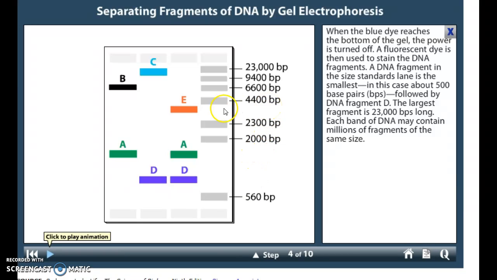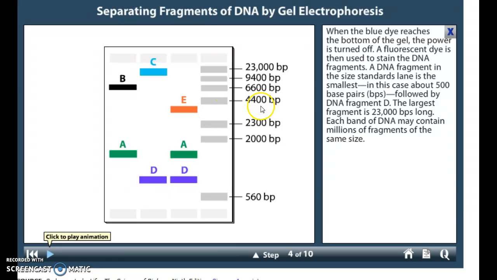So what I can say is that letter E would be between 4,400 base pairs and 2,300 base pairs. More likely closer to 4,400 because it's closer, but we couldn't give it an exact. It just gives us more of an approximation of numbers as opposed to just E is smaller than B but is larger than A. So that's how a gel works.